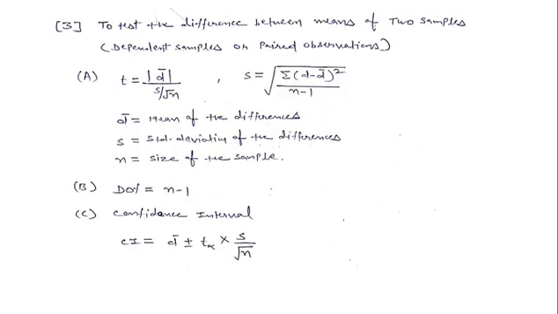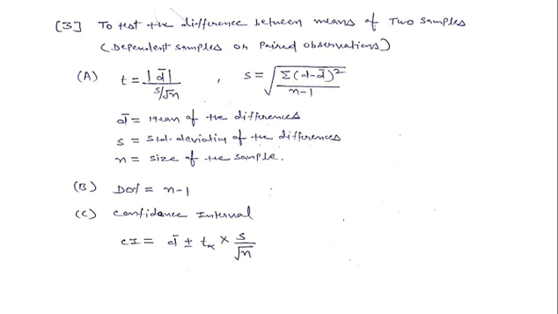In the third case, the data is dependent, or we can say paired observations exist. In this case, the t statistic will be d bar upon (s upon under root n), and the standard deviation will be s equal to under root of summation (d minus d bar) whole square upon (n minus 1).